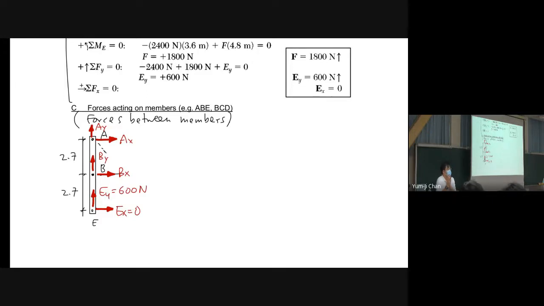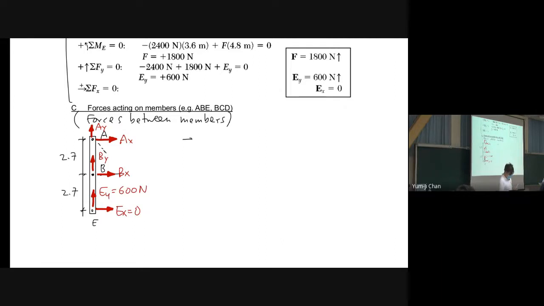After writing it down, think about it. How many unknowns do we have here? And how many equations do we have? How many equilibrium equations do we have for these 2D rigid bodies? 3.